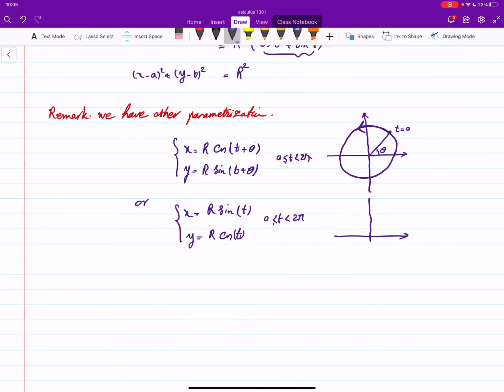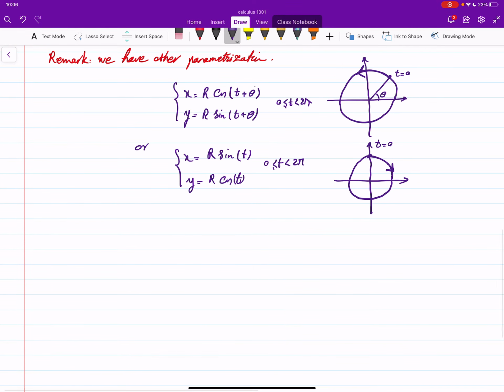The difference here is that, and this is nice to follow at least once, this time for t equal to 0, we are working at this point here, and then as t increases, x increases, so this will go clockwise from this point, the highest point, and come back at 2 pi back to that point.